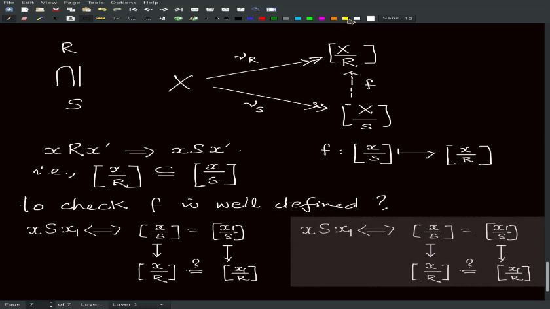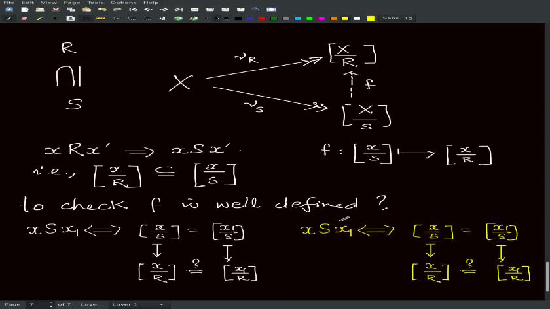But now I change each S to R, and each R to S. So I interchange this. Now you see in this case what happens.